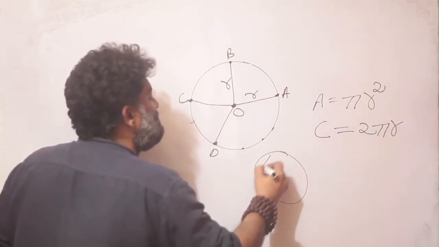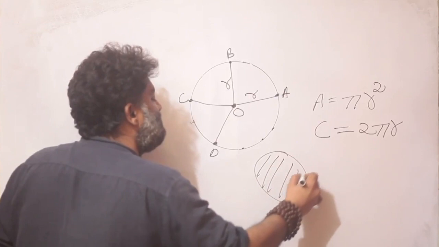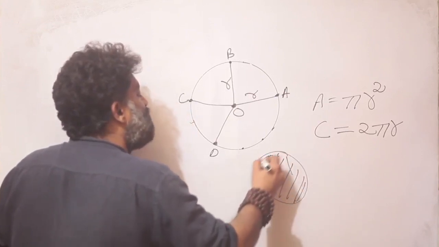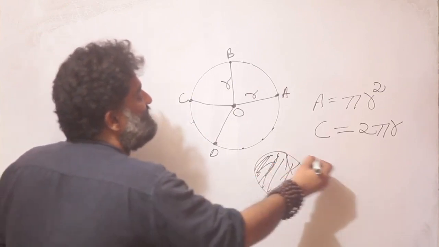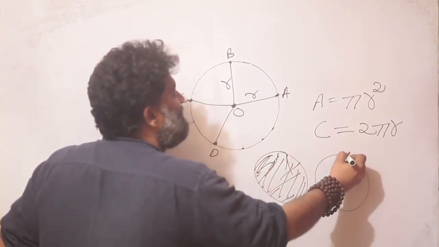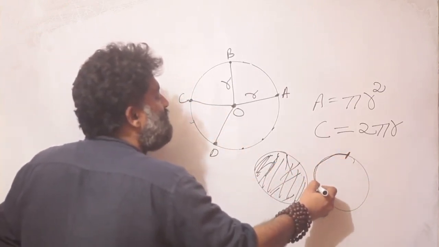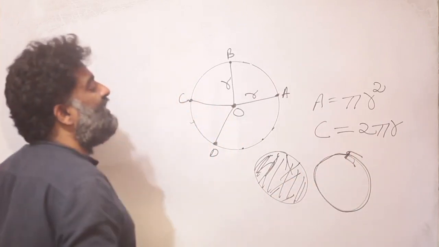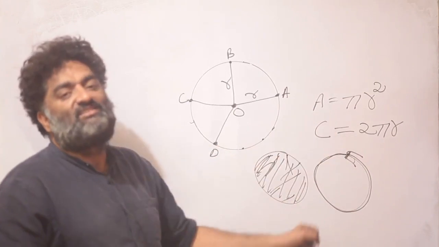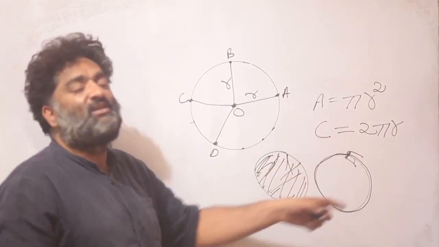Area of a circle is the area inside the circle. So if I want to find out how much space is inside, that is going to be the area. And circumference is when I imagine a starting point and I want to travel around the circle and come back to the starting point, how much would be that distance or measurement? That is known as the circumference.